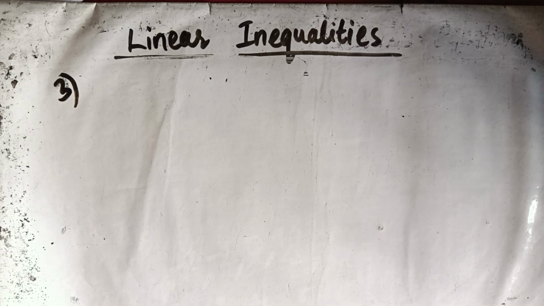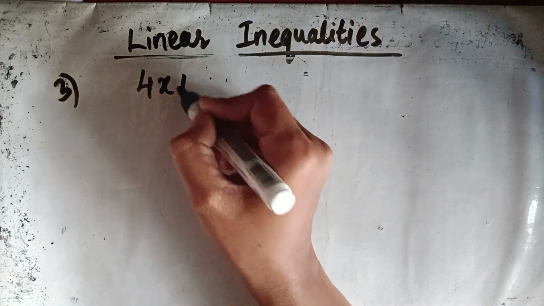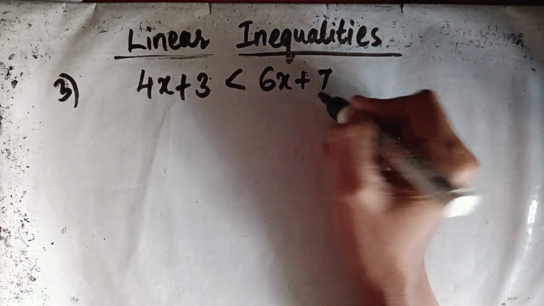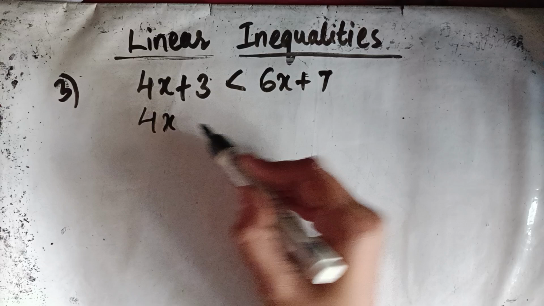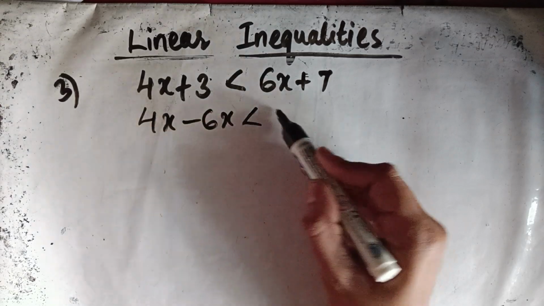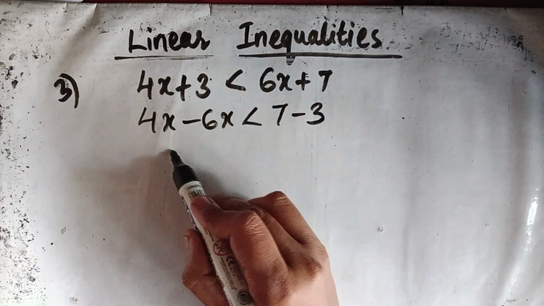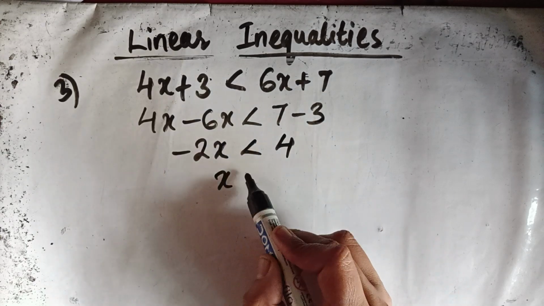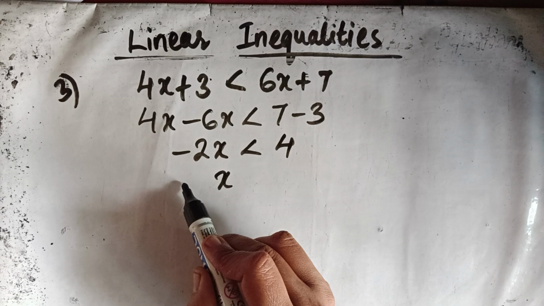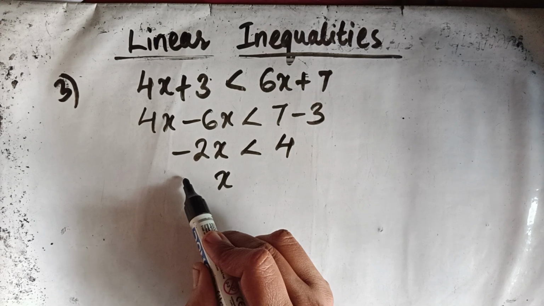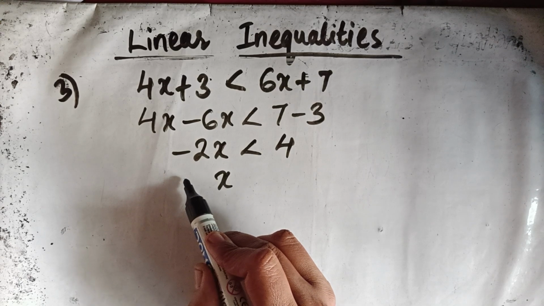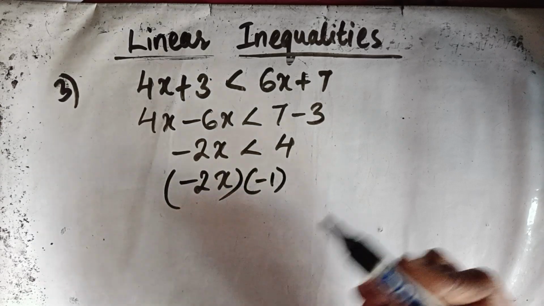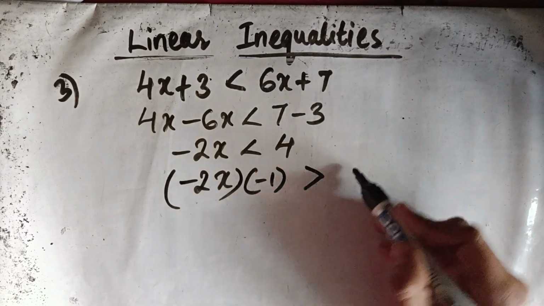Next question, you have to solve 4x plus 3 less than 6x plus 7. So this is minus 6x minus 3, so minus 2x less than 4. Here the sign changes, that is we are multiplying by -1, making it greater.